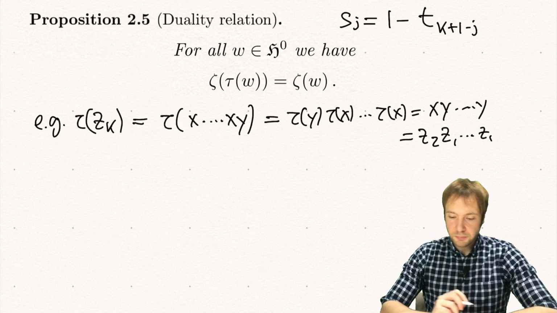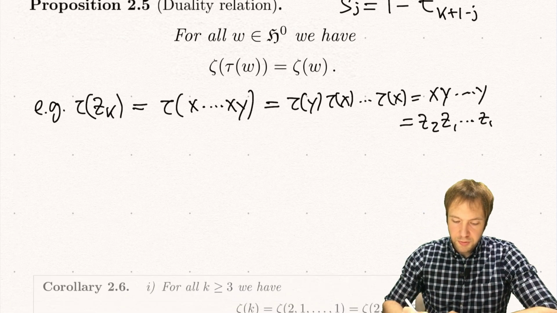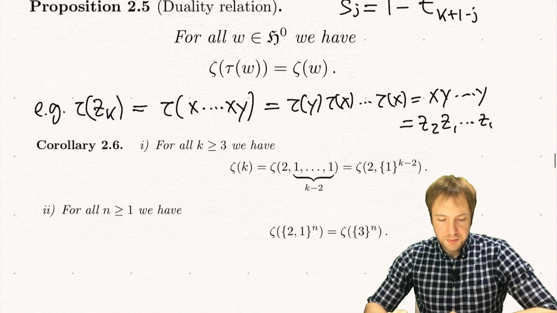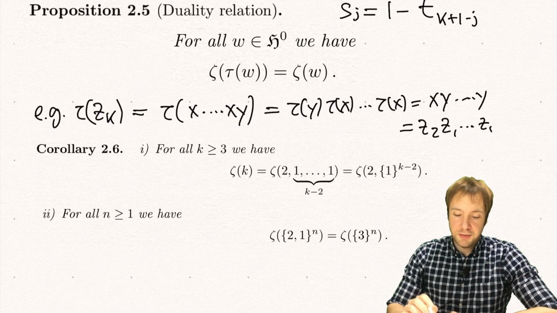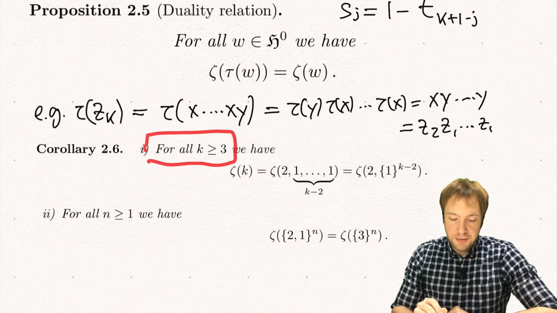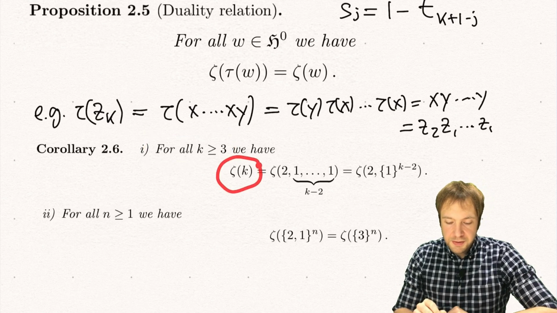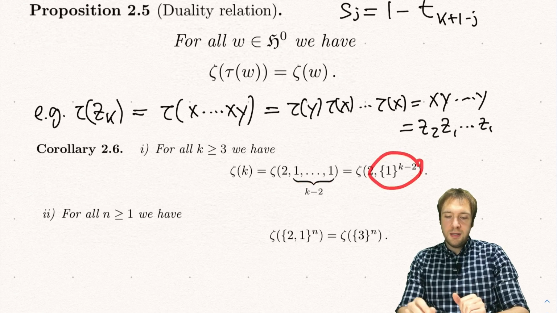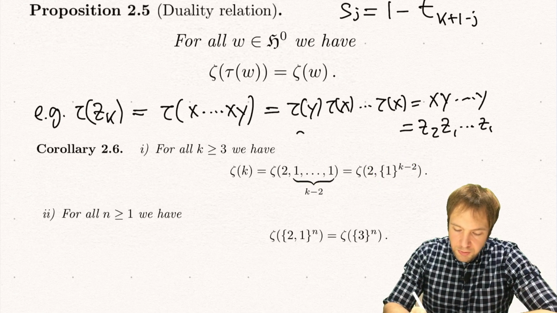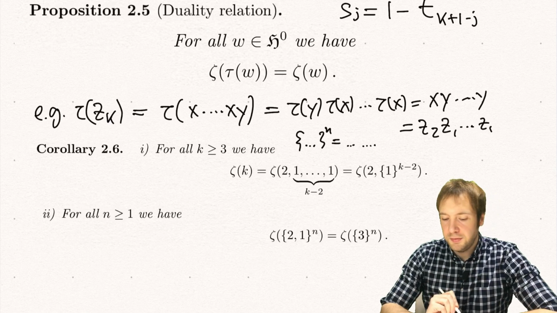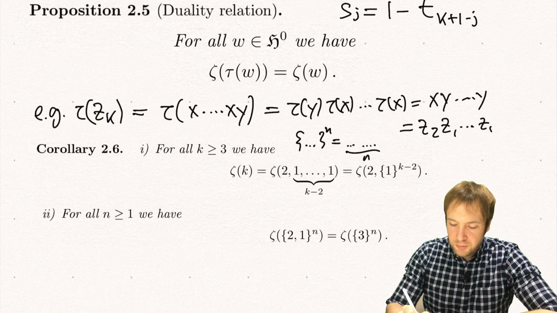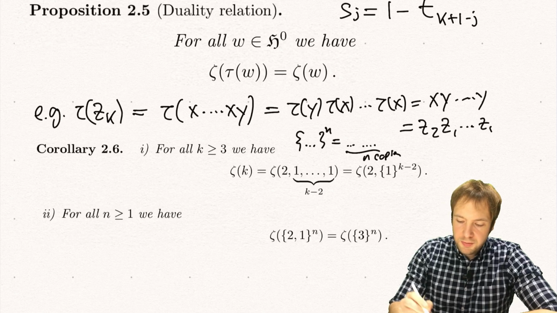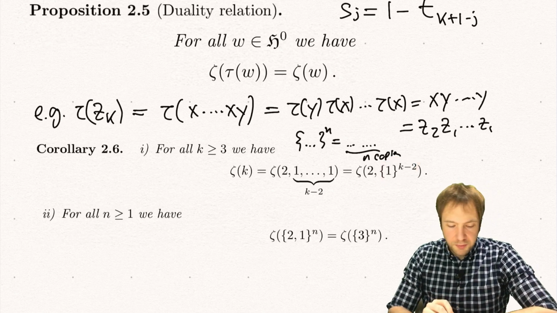So in other words, one implication of this duality relation is that for all k greater or equal to 3, the single zeta value, the Riemann zeta value of k, is just the multiple zeta value zeta(2, 1, 1, ..., 1), where the notation with the curly brackets means that we take n copies of this index, so here this just means we have k minus 2 ones.